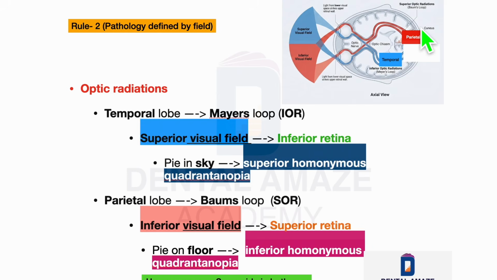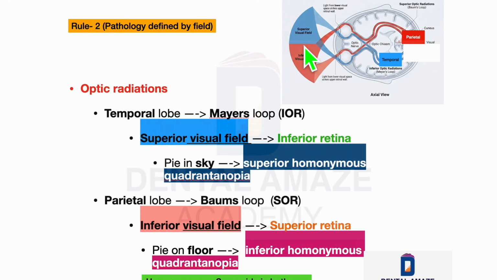Now if they tell you superior optic radiations are affected, what does that mean? Is the pathology defined by the brain area? No, it's defined by the field. So if superior optic radiations are affected, which part of your retina is going to get affected? Superior retina. For that, the field is what? Inferior field.